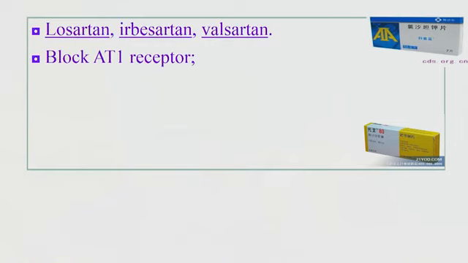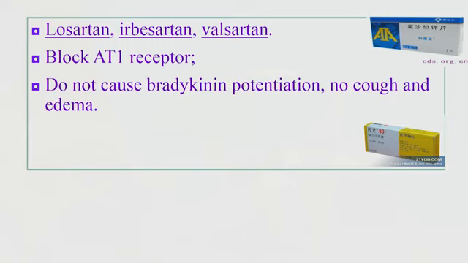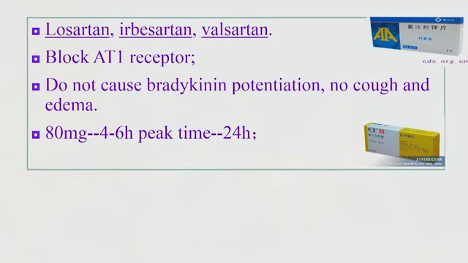Compared to ACEI, these drugs block the angiotensin II first subtype receptor. And compared to ACEI, these kinds of drugs do not cause bradykinin potentiation. So what's the meaning? Nearly no dry cough, no edema. And compared to ACEI, these drugs have higher efficacy and longer half-lives.